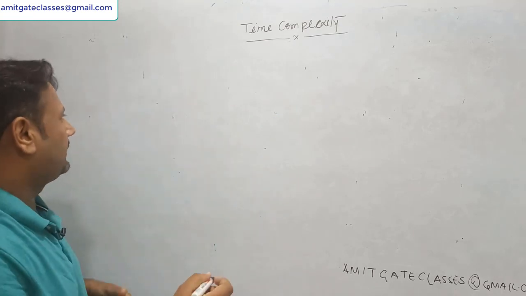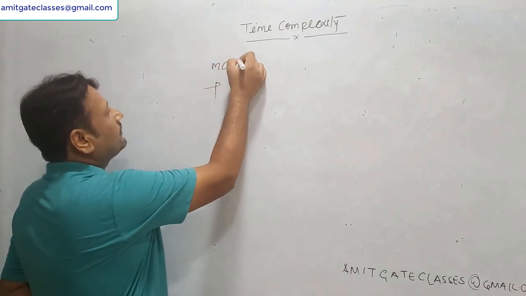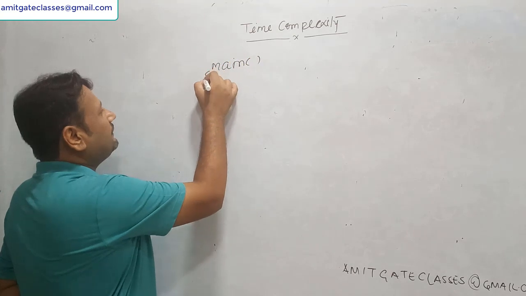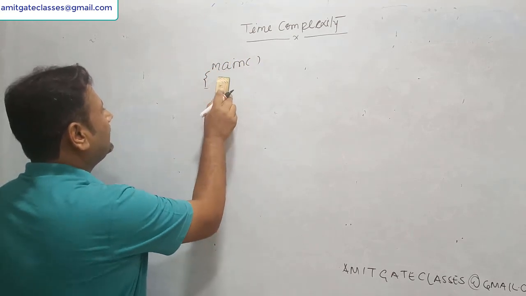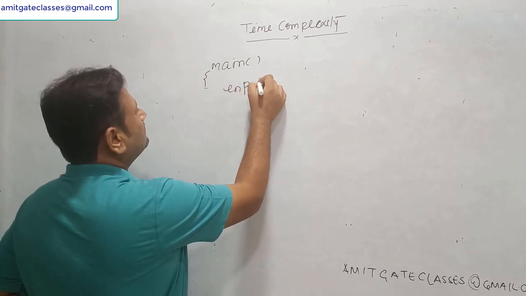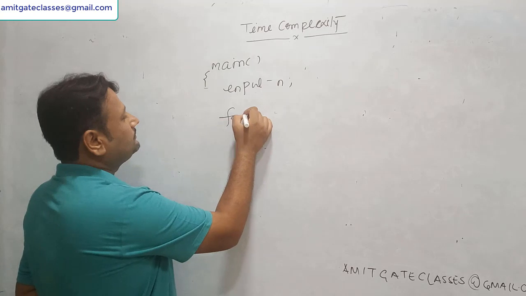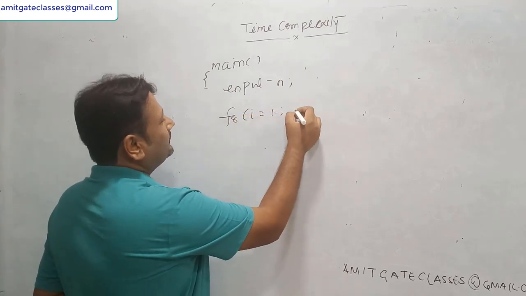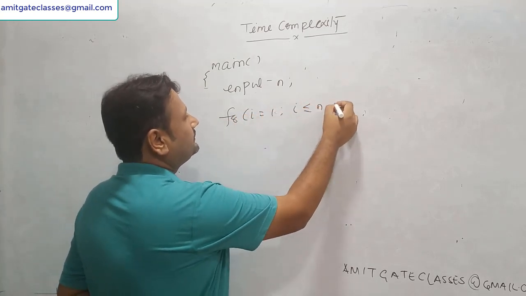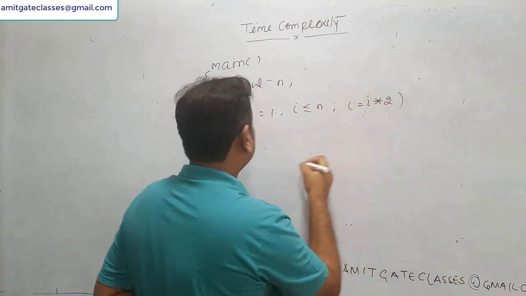Let me take another example. Let us say I have a main function, and in the main function I have written input n. After that I am writing for i equals 1, i less than n, i equals i into 2.